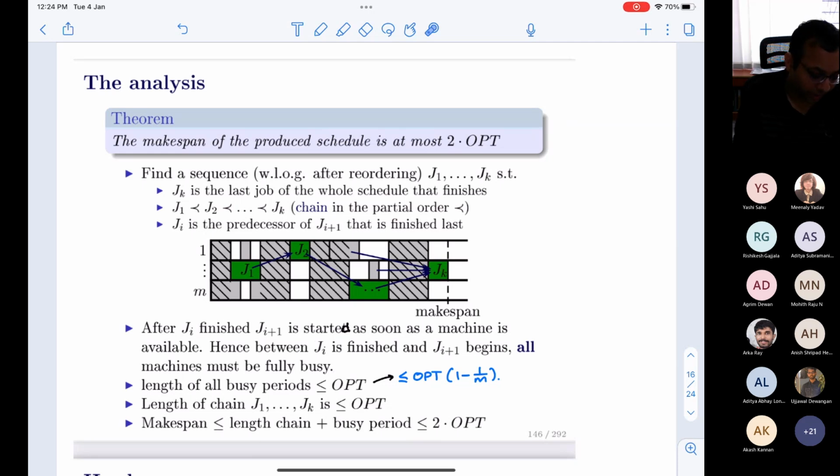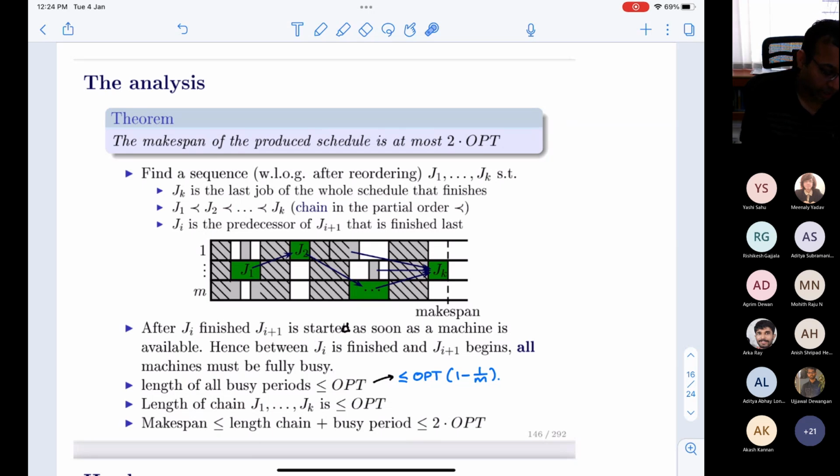So what does it mean? That means the length of all busy periods has to be less than or equal to opt. So one point is, whatever way you schedule, you have to schedule J1 and then J2 and then J3 and JK and so on. This is actually a lower bound on opt. And what we are saying here is that the length of this chain, J1 to JK, has to be less than or equal to opt.